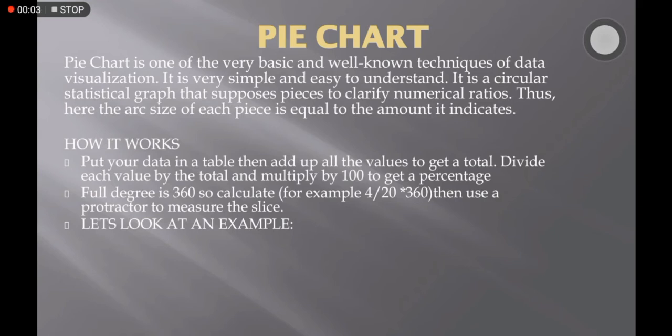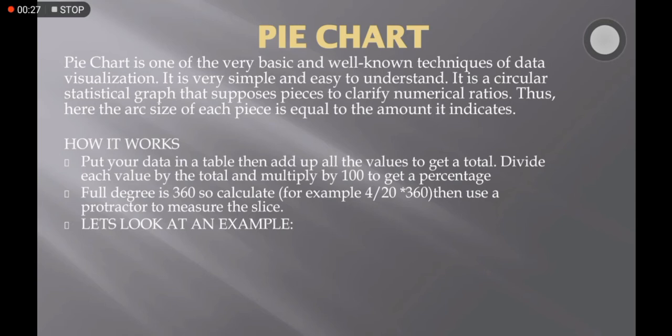All right. Now we are going to move on to pie charts. A pie chart is one of the very basic and well-known techniques of data visualization. It is very simple and easy to understand. It is a circular statistical graph that is divided into pieces to clarify numerical ratios. Thus, the arc size of each piece is equal to the amount it indicates.